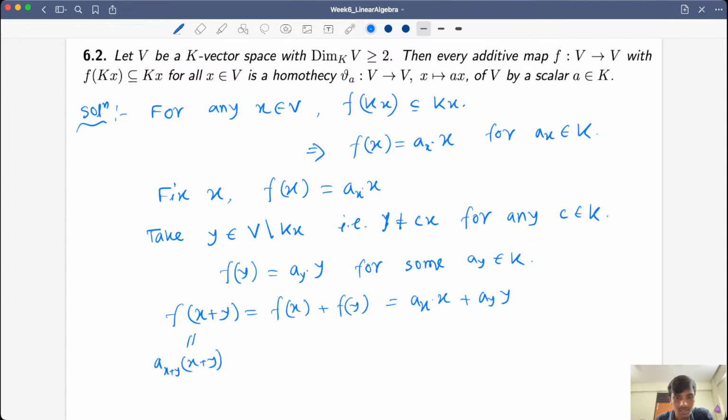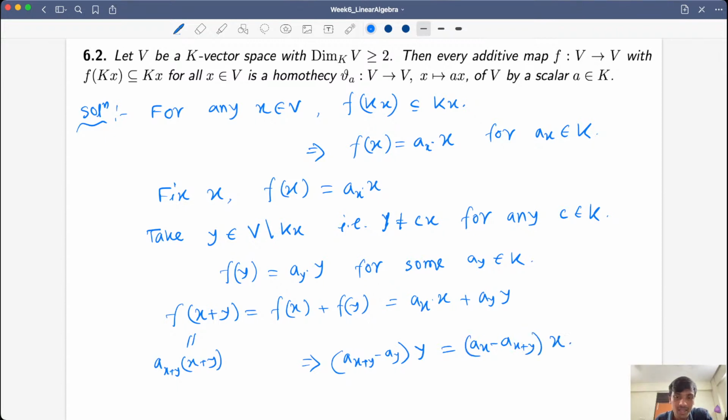Now if you take all the terms to two sides, it gives me a_{x+y} minus a_y, where I'm writing the subscript to note that this is the corresponding scalar for the vector, times y equals a_x minus a_{x+y} times x.